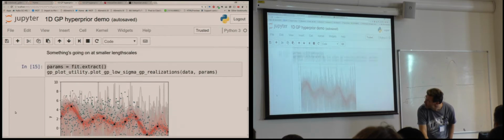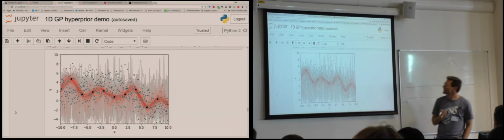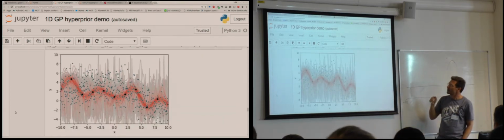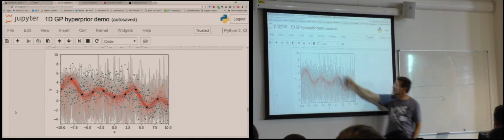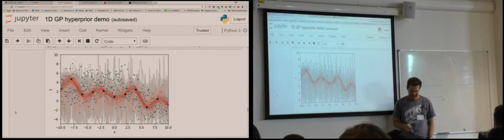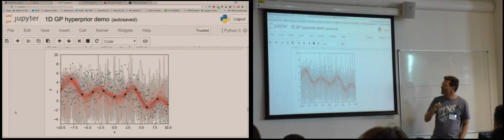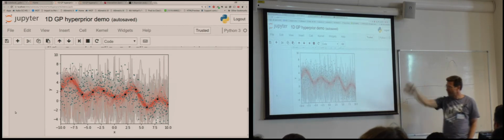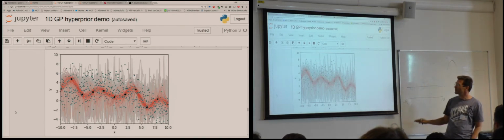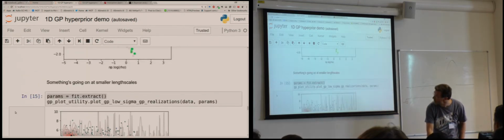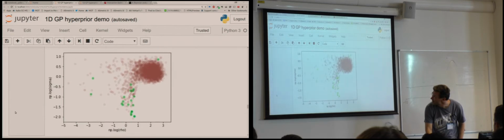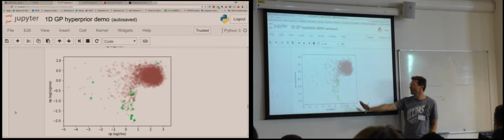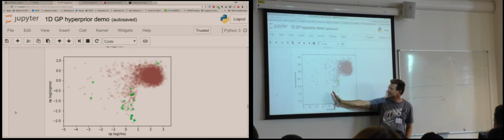So here are the predictions, or the draws from the posterior. You can see that some of the draws are quite wild. So we were able now with the prior, which said that large values are not feasible, to get away from going flat. But now we are still allowing very small length scales.